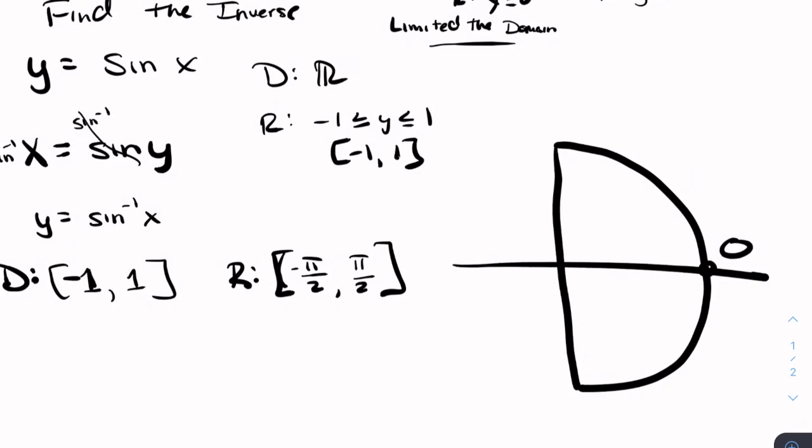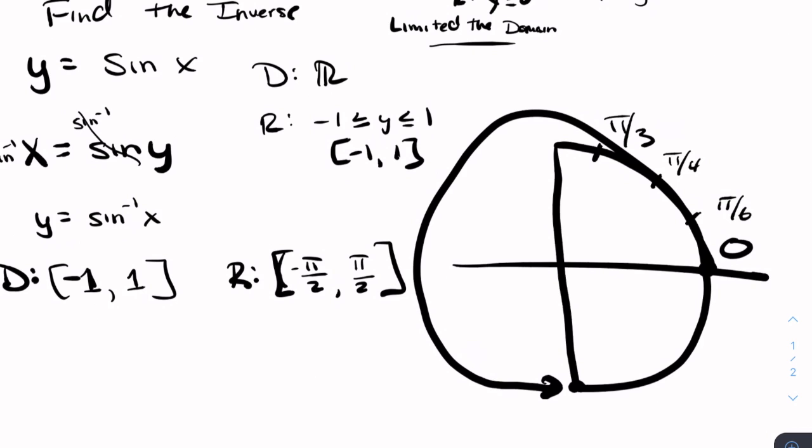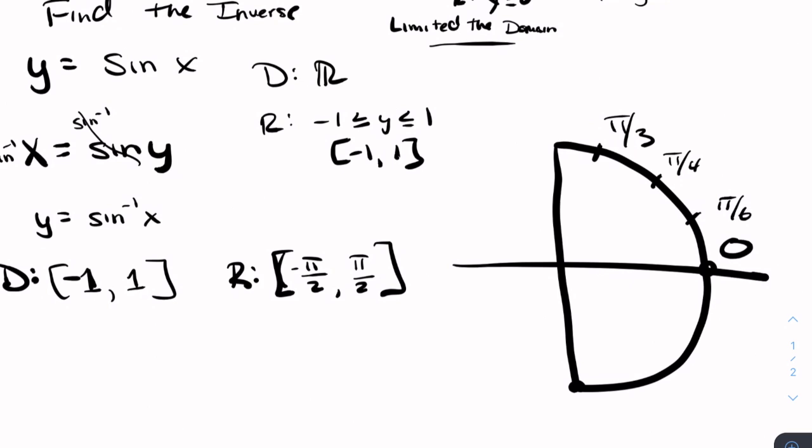This is 0, and we mark off our angles: pi over 6, pi over 4, and pi over 3. But instead of being 3 pi over 2, which is spinning 3/4 of the way around the circle, I'm going to just undo that. What we are doing instead is starting at 0, and working our way backwards. And this idea of working our way backwards is a negative angle.